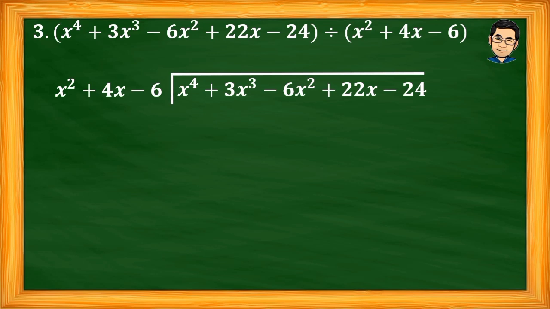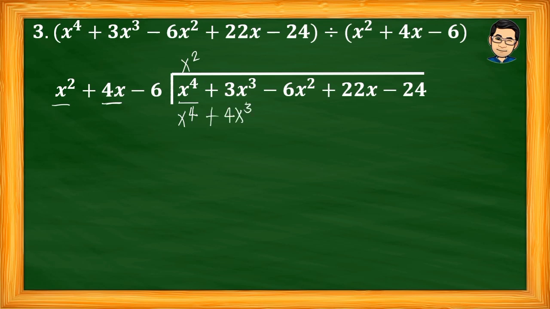So, una muna, x to the 4th power divided by x squared, that is 4 minus 2, 2. Kaya x squared. Next, x squared times x squared, that is x to the 4th power. And then, x squared times 4x, that is 4x cubed.